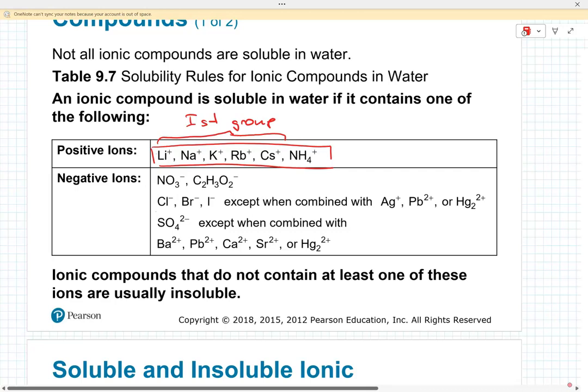Now, let's say it is something else, some other cation, okay? Then you ask yourself, okay, what about anions? If it's one of these 2, soluble. Clear?